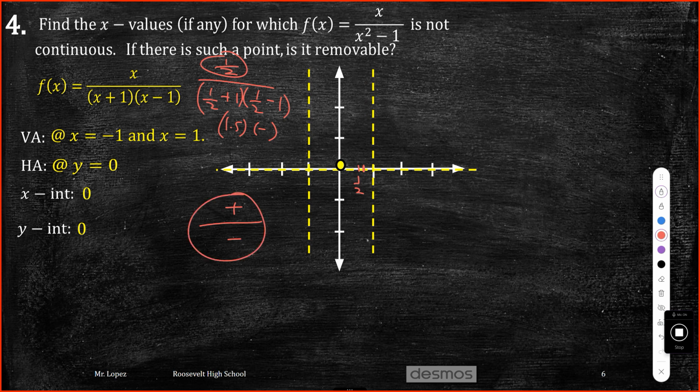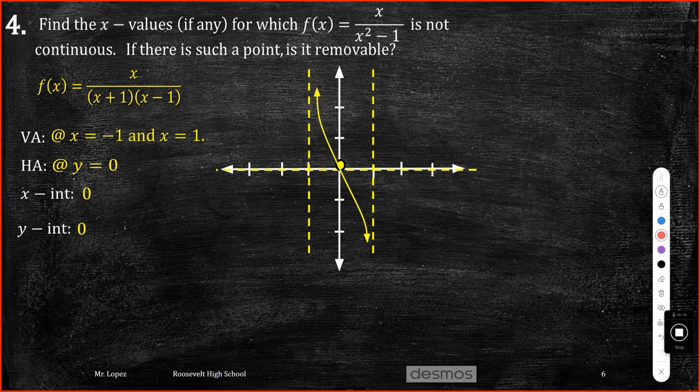So a positive divided by a negative is a negative number. So this is going to go like this. Let's see. Yep, it does go like that. So it goes because this one has some negative output, and they always approach the asymptote like that.